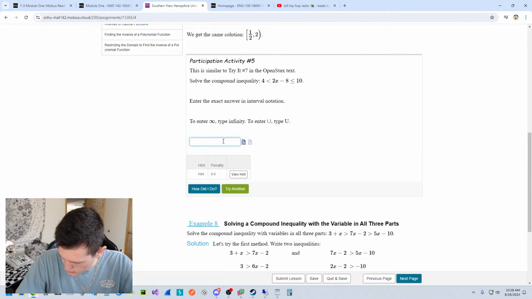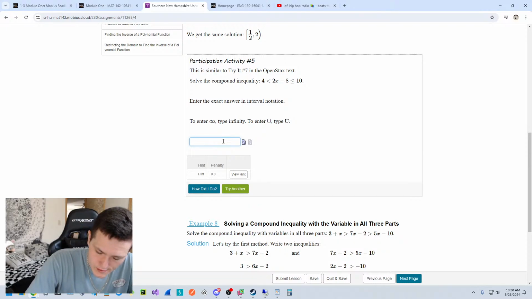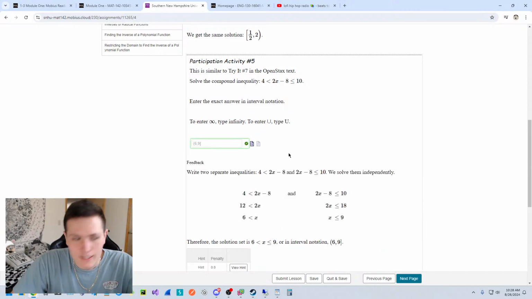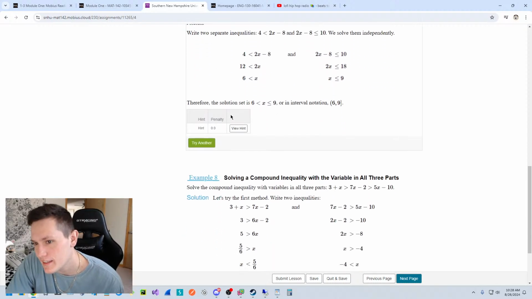So this would be 6 to 9 square bracket. Yes, sir. Alright, I get this, it makes sense.